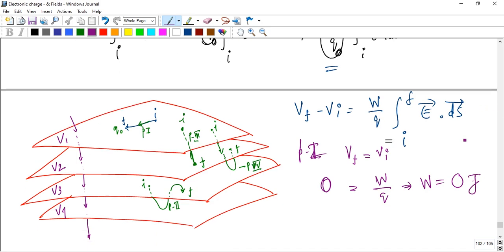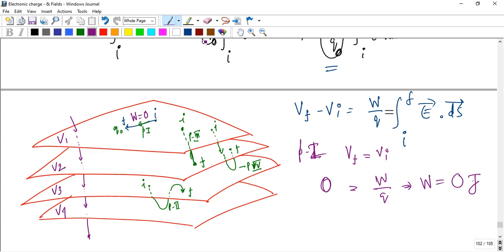So the conclusion is that if a test charge moves from I to A on the same surface, meaning the same potential value, the work done will be 0. So for path 1, the work done is equal to 0. And now choose path 2.